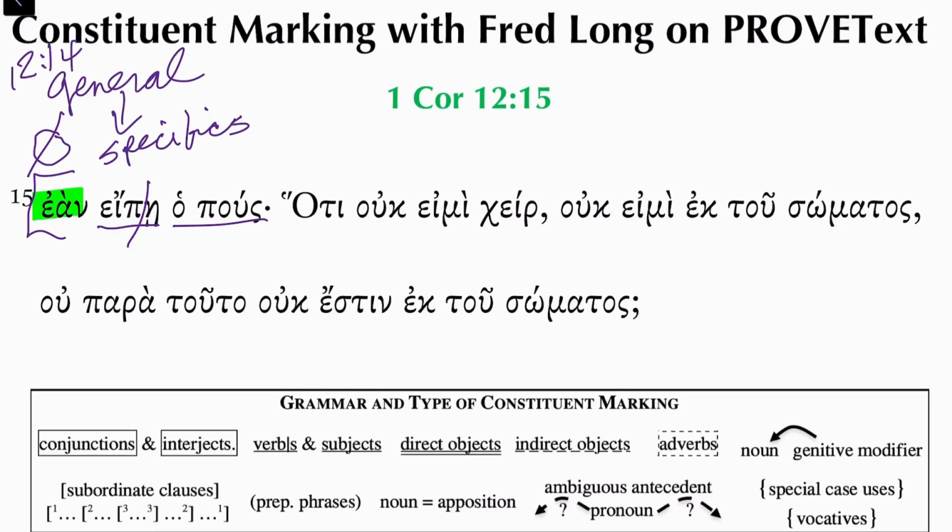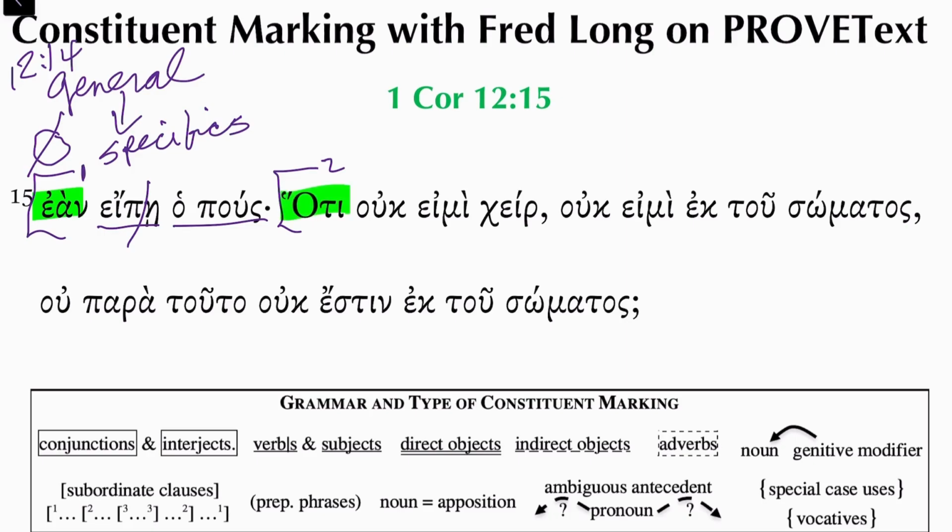If the foot says, so this itself is a subordinate clause, and then we're going to get into the direct statement of what the foot says, and it begins also a subordinate clause. A direct discourse is a type of subordinate clause. And then not only does it begin direct discourse, but then the beginning of the direct discourse has a hoti.